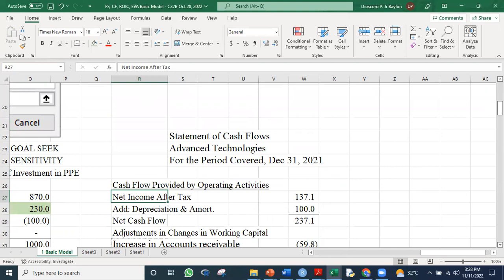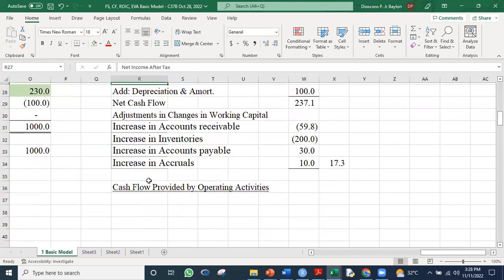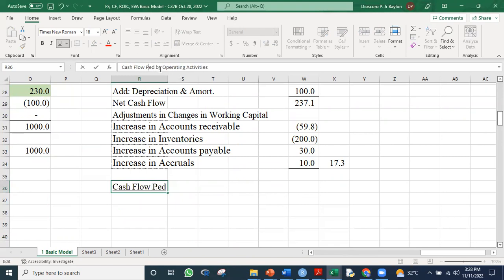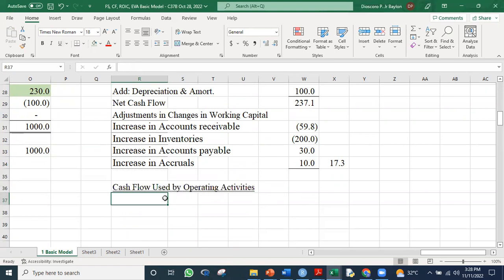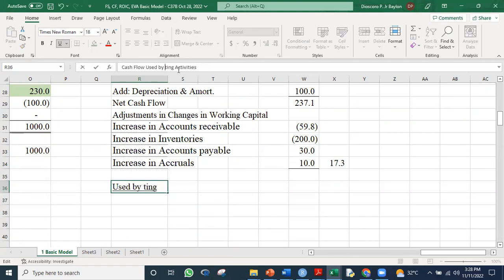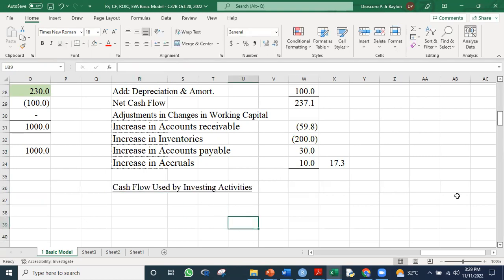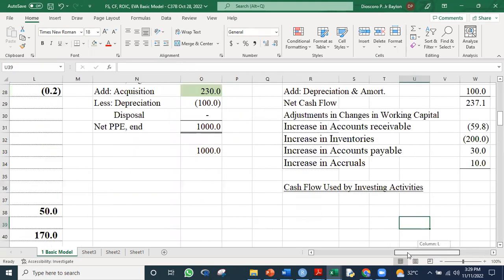Cash flow provided by operating activities. Cash flow here, it's not provided, but rather it's used, right? And not by operating, but rather by investing. Okay, cash flow used by investing activities.